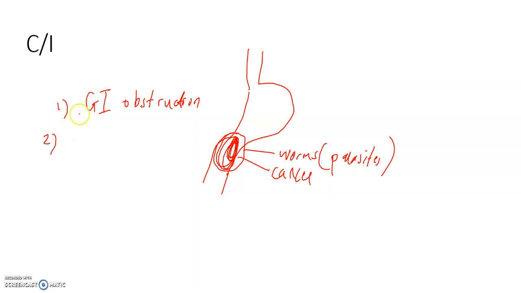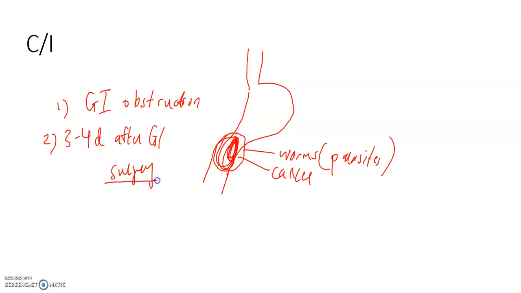And also we don't give it 3 to 4 days after intestinal or gastrointestinal surgery. After surgery to your gastrointestinal system, we try not to give metoclopramide, because it is going to increase the motility, the movement of your intestine, and that might be harmful because you're just recovering from surgery.